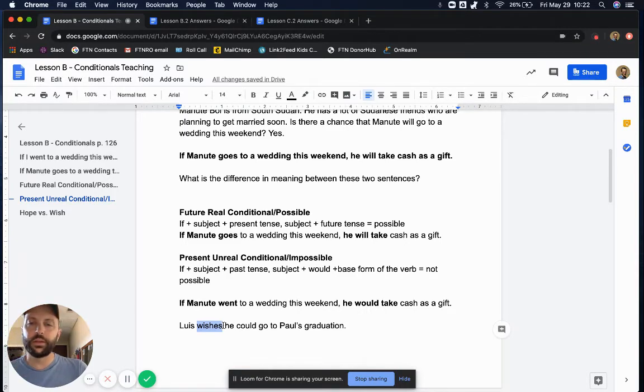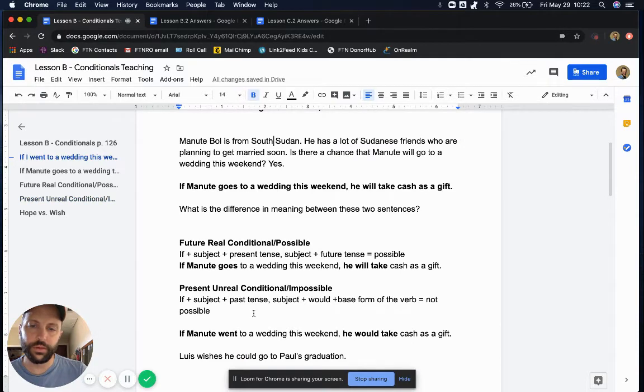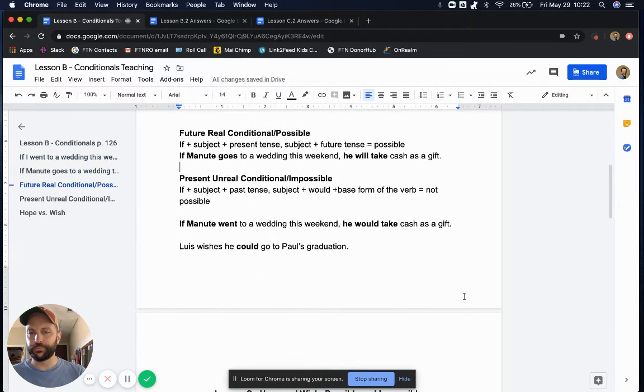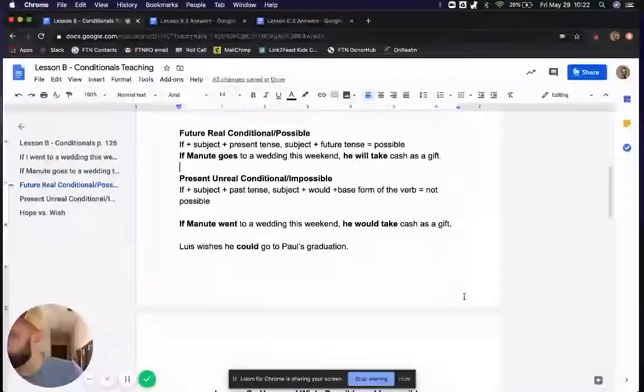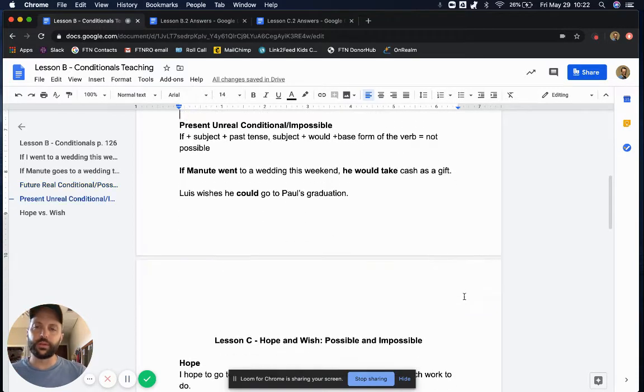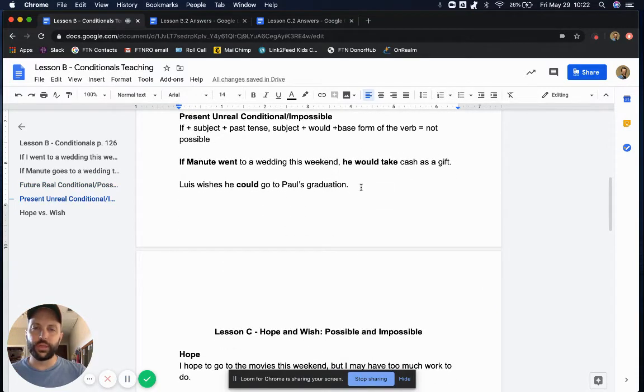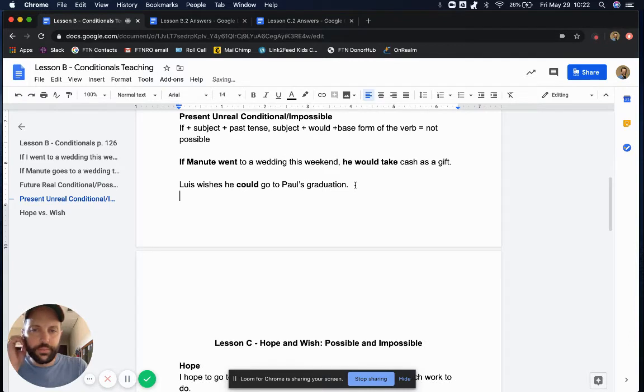And then the key thing, the most important thing is he wishes he could go, okay? He wishes he could go, okay? Just like here, he would take cash as a gift, all right? Let's look at another example of that, all right, really quick, before I turn you loose on the exercises, okay?